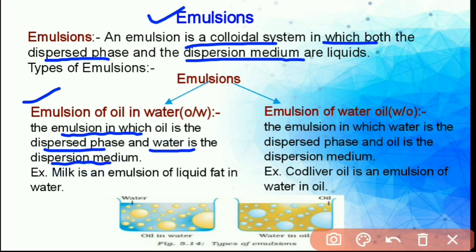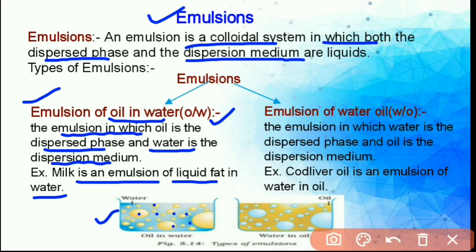This type of emulsion is called oil in water, in short O/W. For example, milk is an emulsion of liquid fat in water. See in this example, oil and fat droplets are dispersed in water, the dispersion medium.